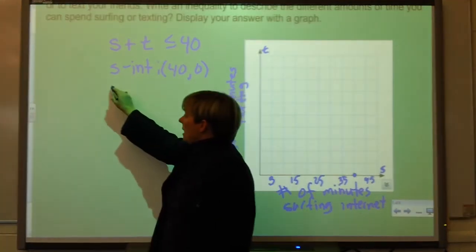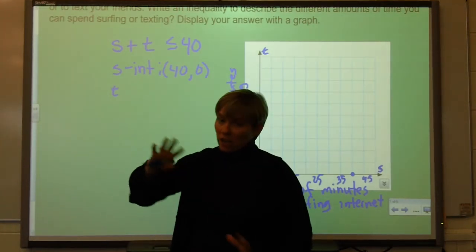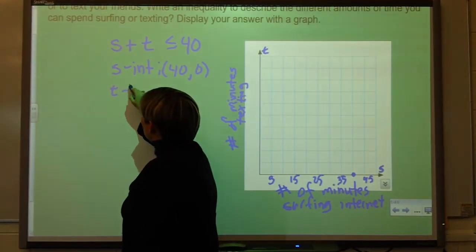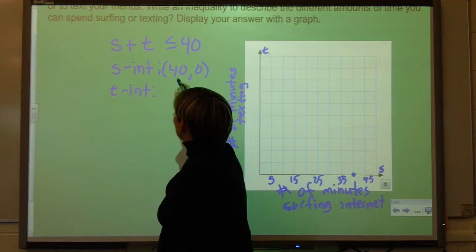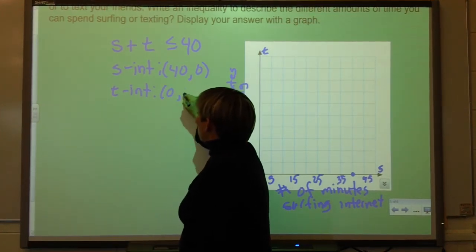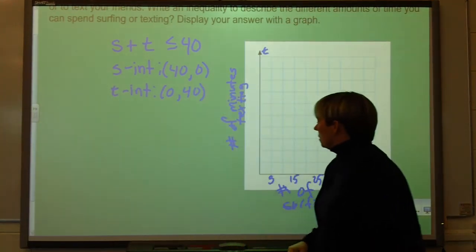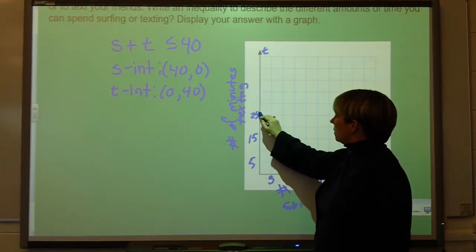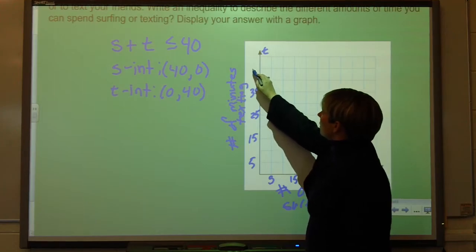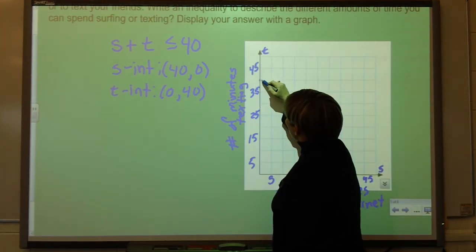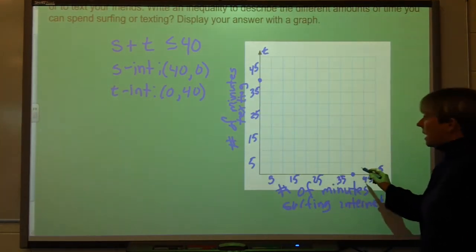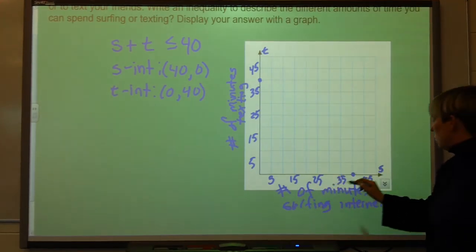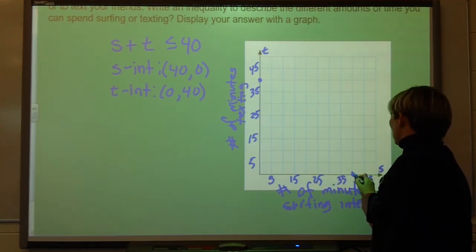Then if I don't spend any minutes surfing the internet and I spend it all texting, my t-intercept would be 0, 40. So again, I'm going to go by 5s. And then I'm going to connect those 2 dots. I do have my equal to sign, so I want a solid line.